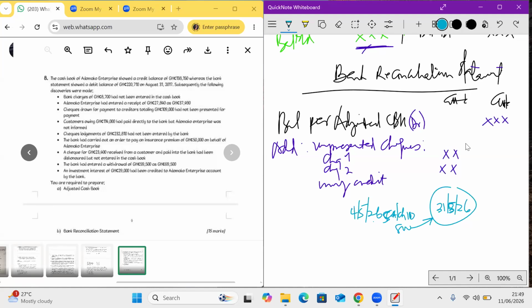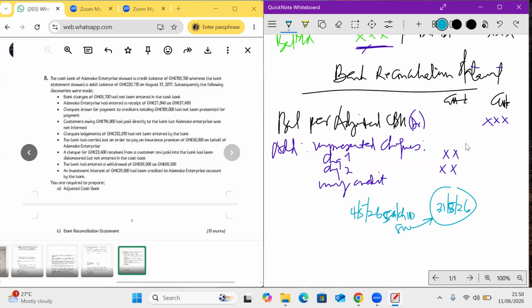So as at the date of the reconciliation, we will say that the supplier has not presented the check which was given to it. In the cash book, if the business is paying a supplier, will it record the check of 800 cedis on the debit side or credit side?